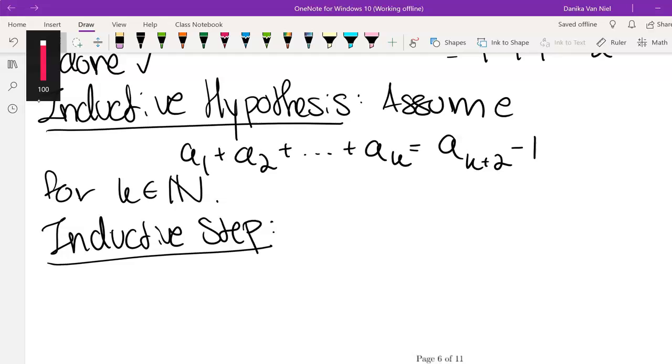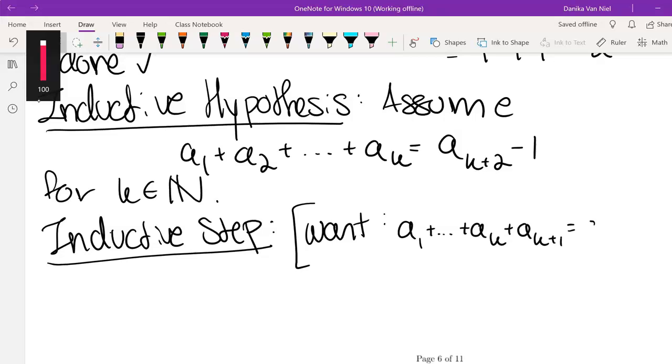All right, so inductive step. Here's where I like to talk about what I want. Okay, so I want to show that a1 plus ... plus ak plus 1 equals ak plus 3 minus 1. Whew.